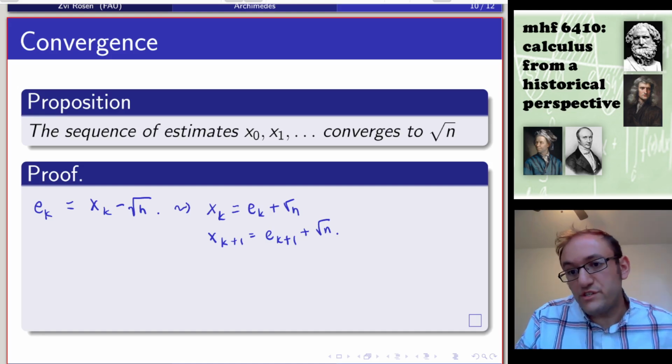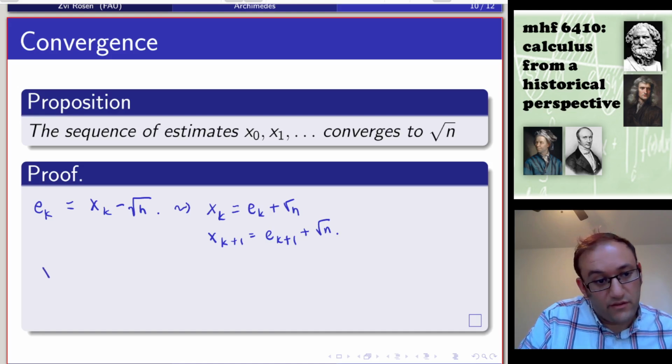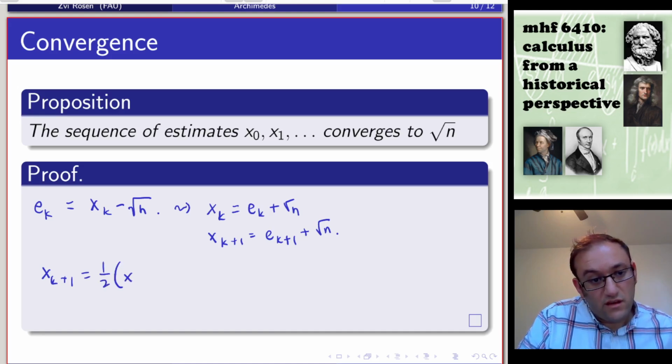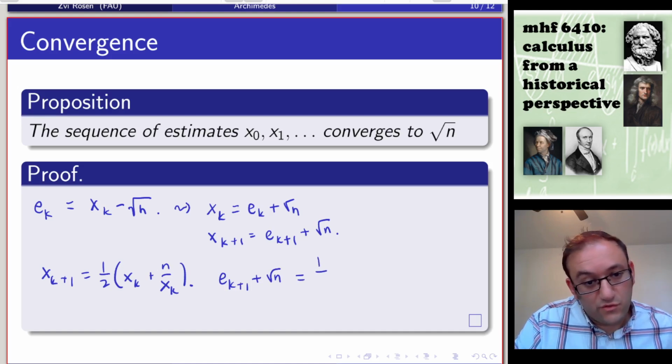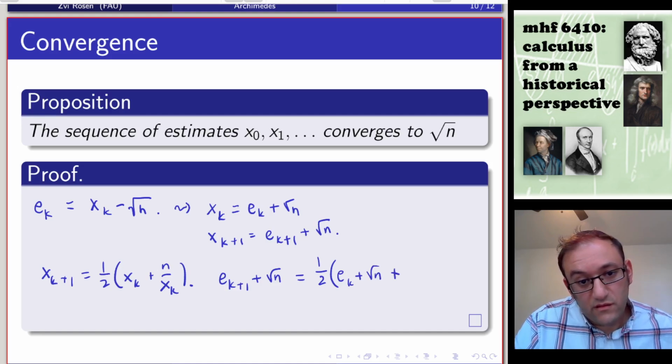Okay, but we also have an expression that relates x_k and x_{k+1}, right? We know that x_{k+1} equals 1/2 (x_k plus n over x_k). And subbing in these values, we get e_{k+1} plus the square root of n is equal to 1/2 times (e_k plus root n plus n over (e_k plus root n)).